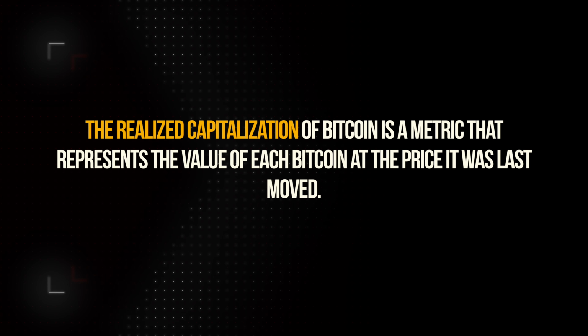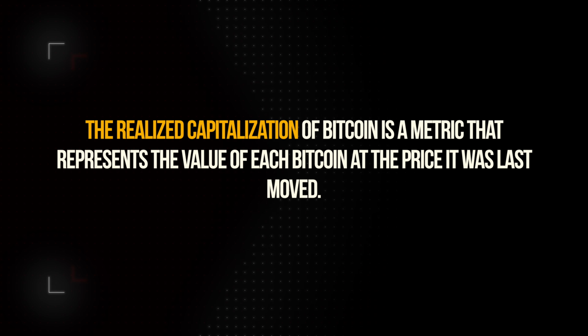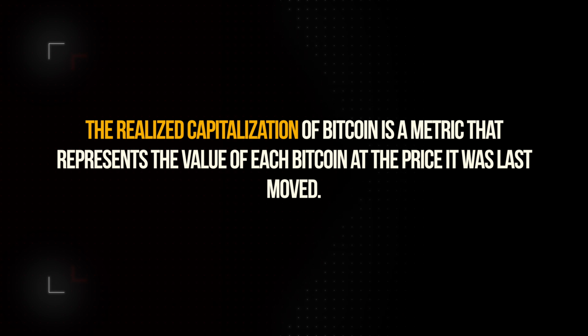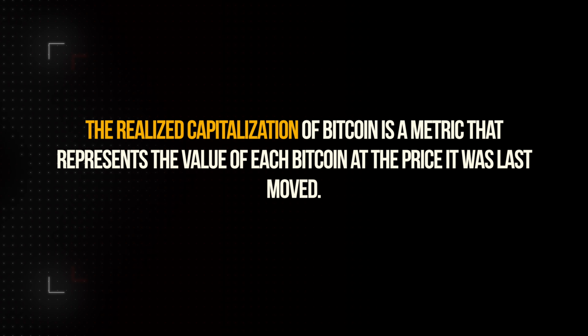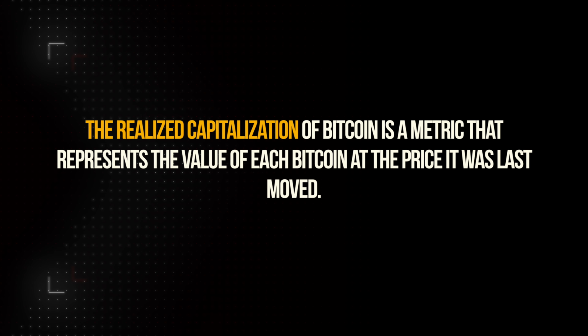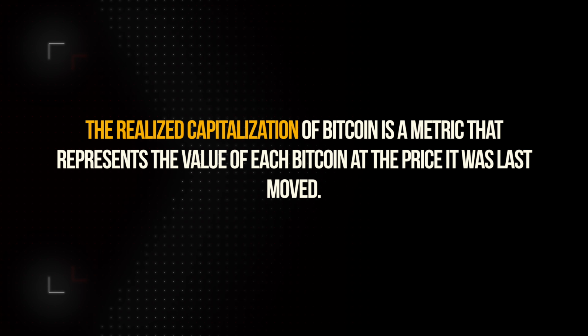And based on this assumption, by tracking the last movement of each Bitcoin on the blockchain, we can find out at what price it was actually bought. And then, by adding up the value of each coin at the moment of its last movement, we can get the total value of all the coins that was actually paid for them. This will be the realized capitalization.